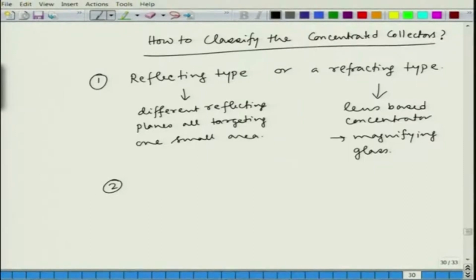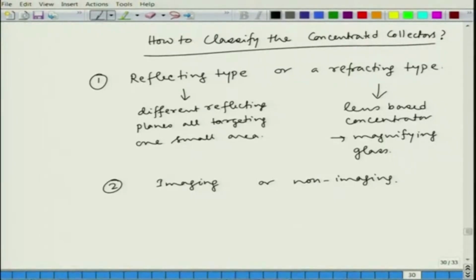The second kind of classification that we can have is whether it is imaging or non-imaging. Okay. Imaging means you will actually form an image of the sun on the absorber. After whatever you are doing, reflection, refraction, there will be an image formed on the absorber.